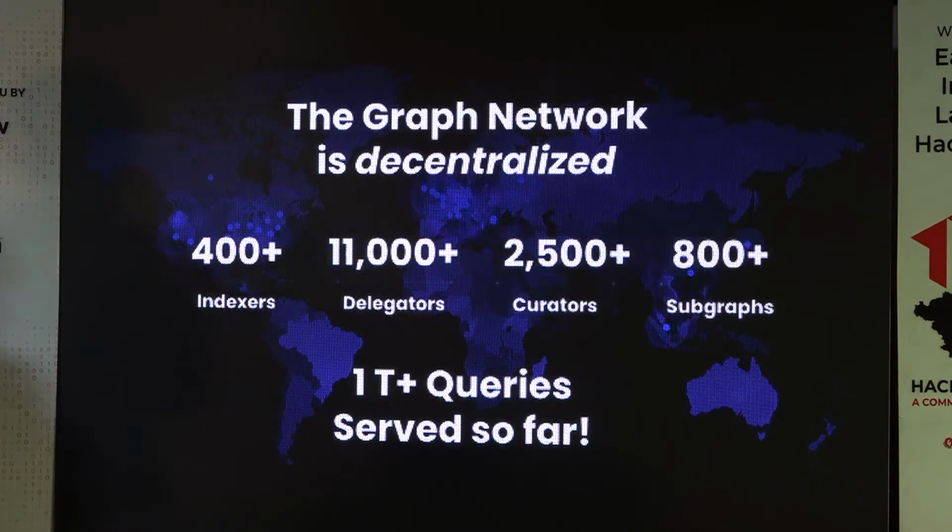Indexers are the nodes that serve your queries to the front end. Delegators are the ones that provide the quality of stake to secure the network. And curators are people or nodes that give us quality subgraphs that we can query from. Recently, the Graph Protocol crossed a milestone of 1 trillion queries since its incubation.